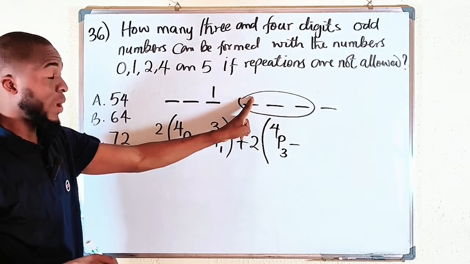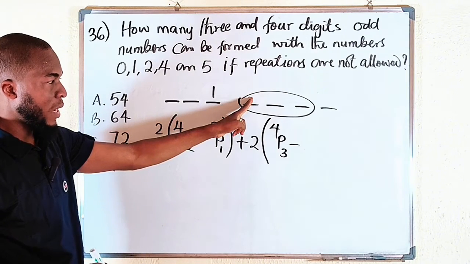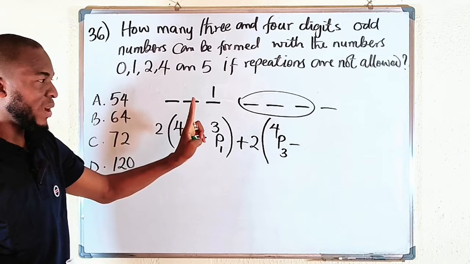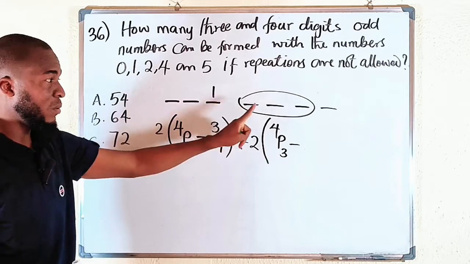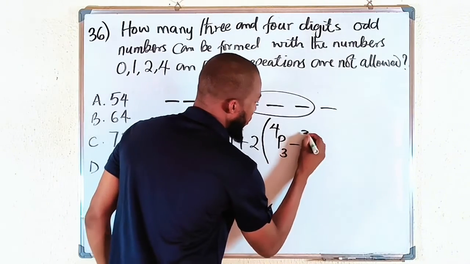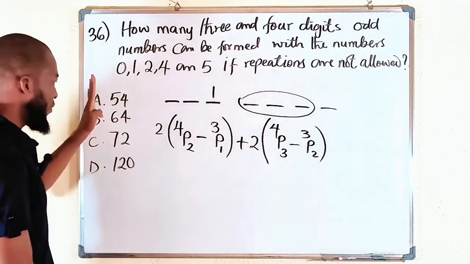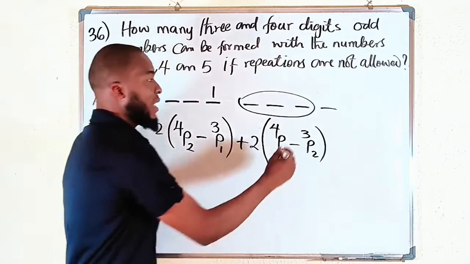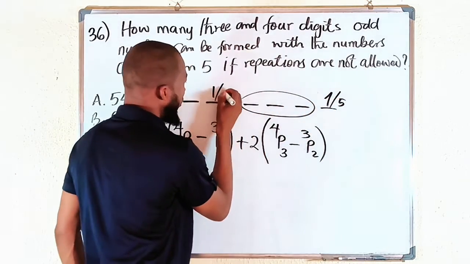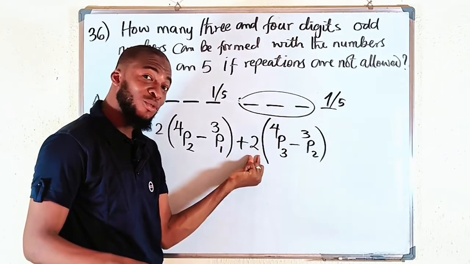So assuming 0 appears in the first digit, if you take this and that, we have taken 2 out of 5. Remaining 3, and those 3 we have to reshuffle here. So 3 permutation 2. If you simplify this, it will give you your answer, because it is either going to end with 1 or 5. So if you do it for 1, you have to do it for 5. This is why we have 2 here.